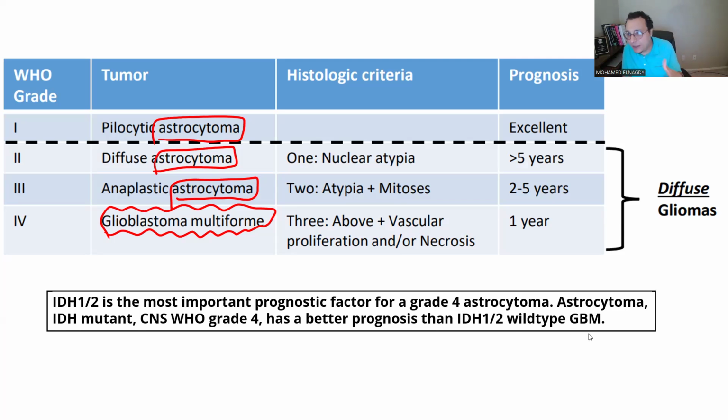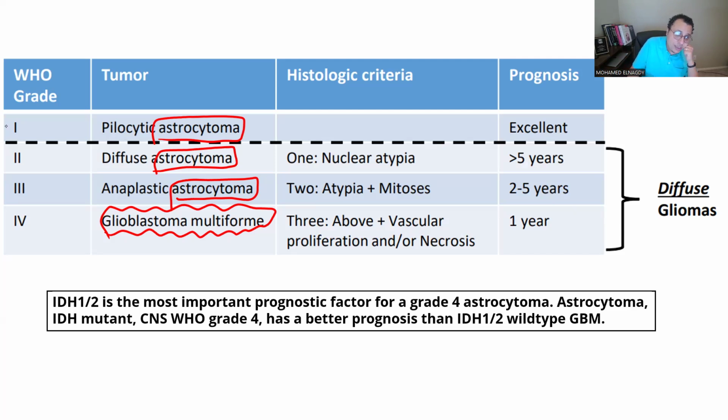Glioblastoma is very fatal. The prognosis is very bad. Within less than a year, the patient dies. So the key prognostic factor here is the IDH status.